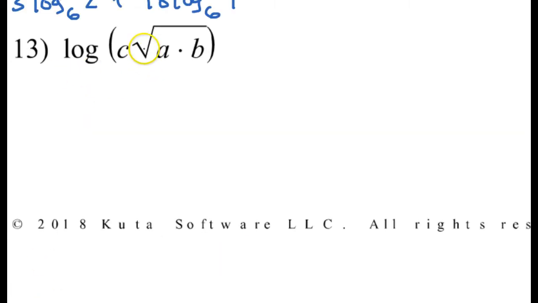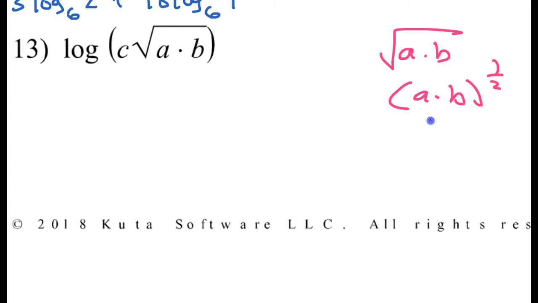Number 13, the square root of a times b. Again, don't forget that the square root of a times b is the same thing as a times b to the 1/2 power. And that's going to be the same thing as a to the 1/2 power times b to the 1/2 power. So that's what I'm going to put when I get to this part.